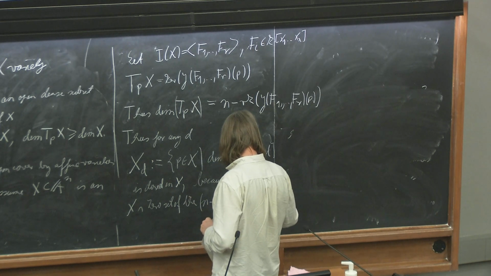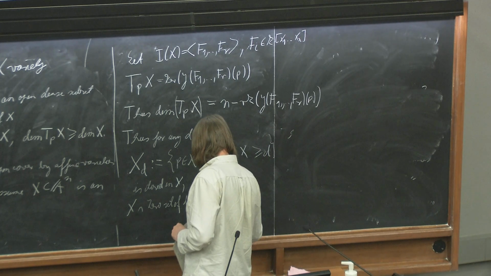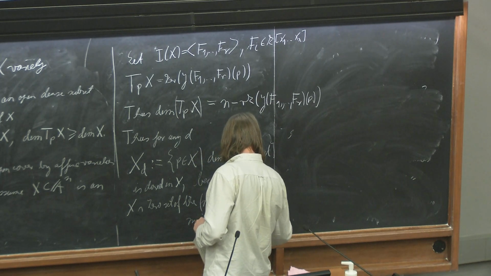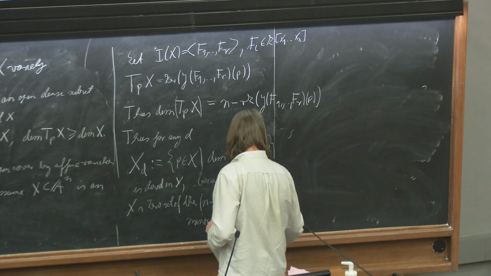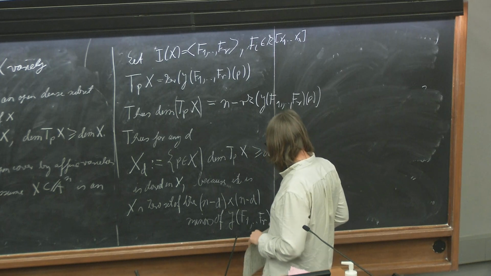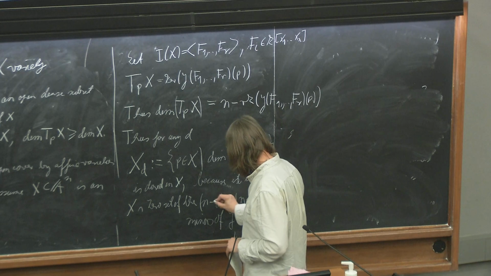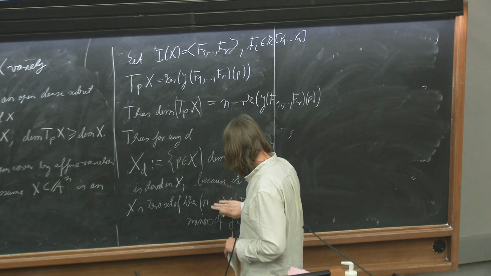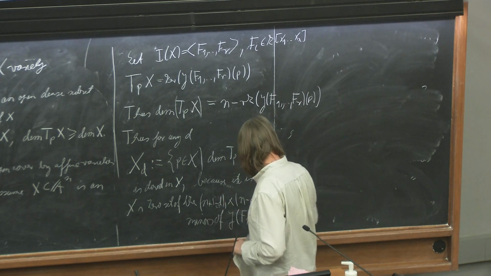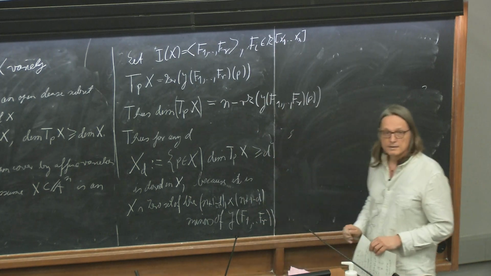I'm off by 1, but anyway, I think it's n plus 1 minus d times n plus 1 minus d minors.